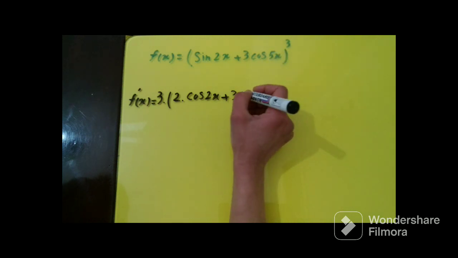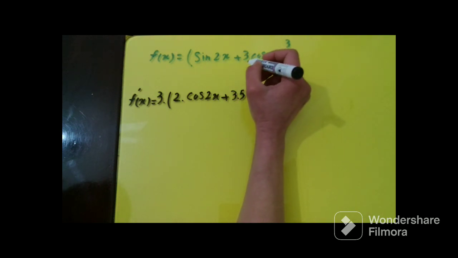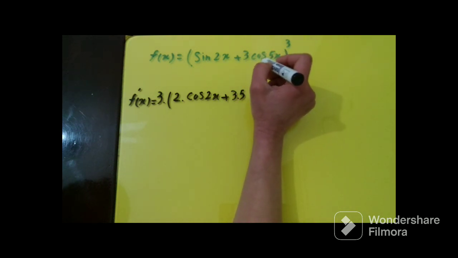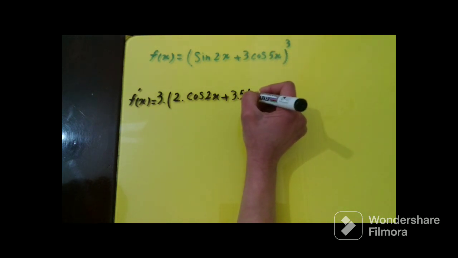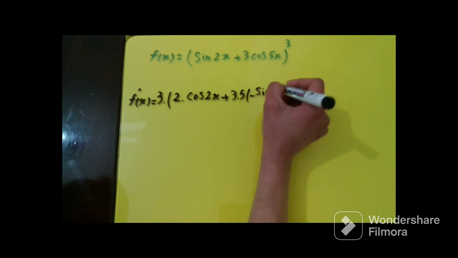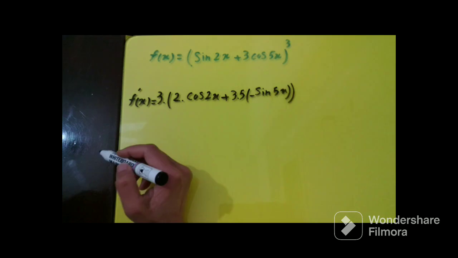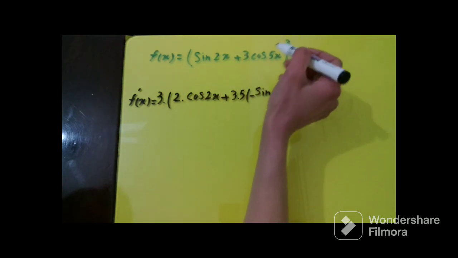It's 5. Now you should get the derivative of cosine. The derivative of cosine is negative sine 5x. Now you should repeat this term and reduce the power by 1.